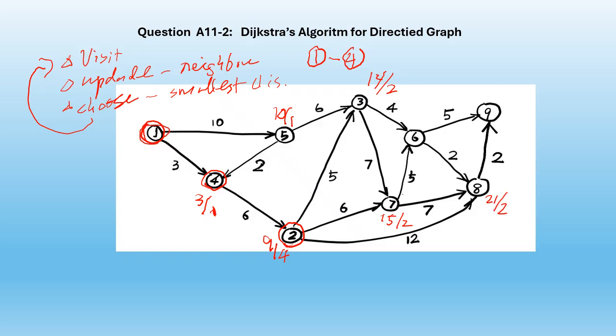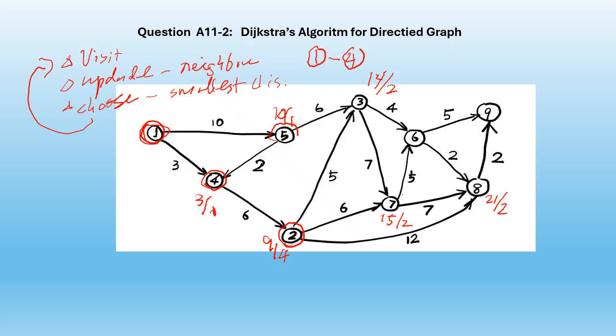So there's 3 neighbors. That's called update. Update is not visit. Update neighbors and choose next visit. Now I have updated. Now I choose the smallest. So I have 4, I have a 10, 14, 15, and 20.